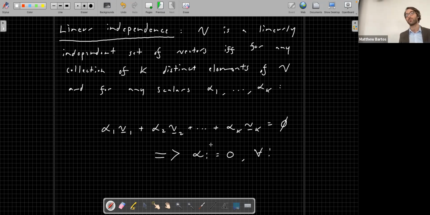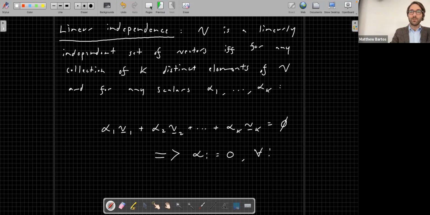Right. So for a collection of vectors to be linearly independent, if you are able to scale those vectors and add them up together to get the zero vector, it implies that all of your coefficients alpha have to be zero. In other words, there's no way to scale those vectors together and add them together to get the zero vector unless all of your scaling coefficients are zero.